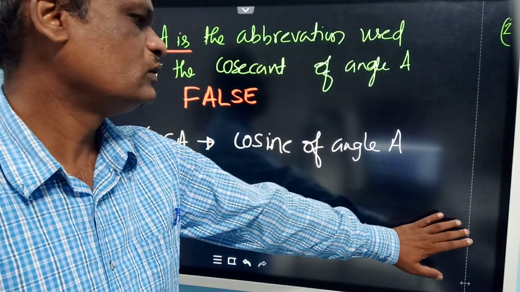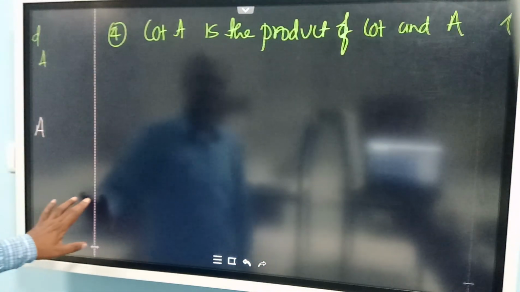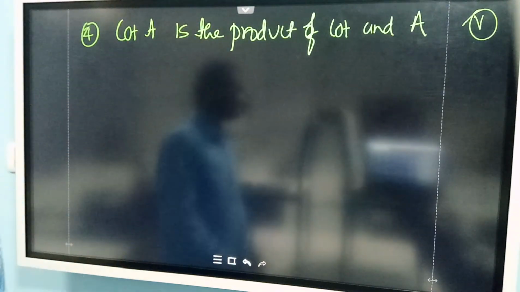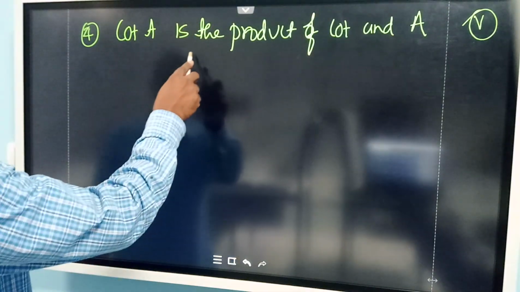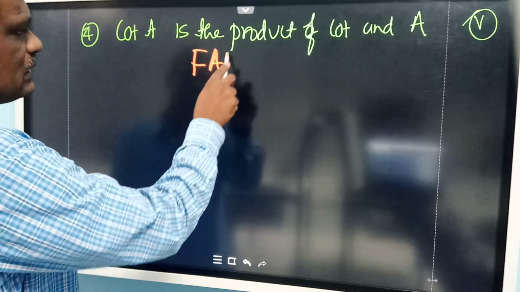Now let us go to the fourth one. Cot A is the product of cot and A, like that they are given. Again it is false.